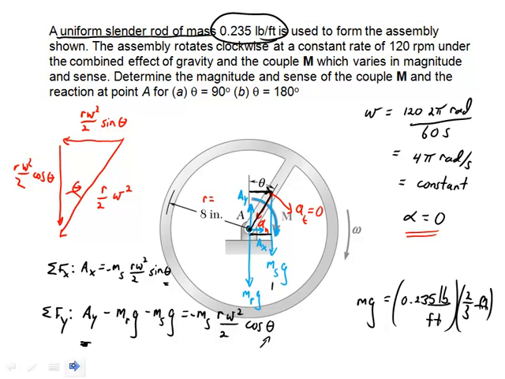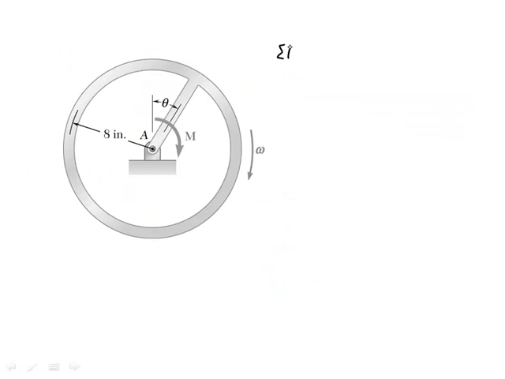And so for the sum of the moments acting at A, I'll get the mass of the spoke times r over 2 sine theta, and that will give me a clockwise moment. We'll subtract it because the moment M is also clockwise, and that will equal I alpha.